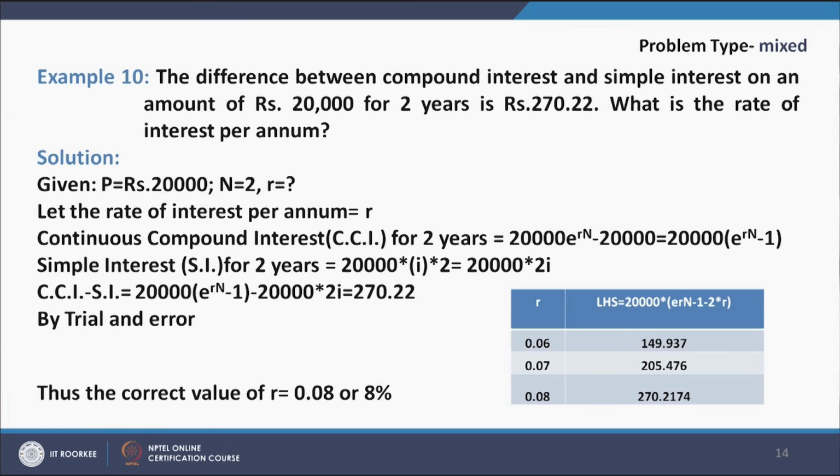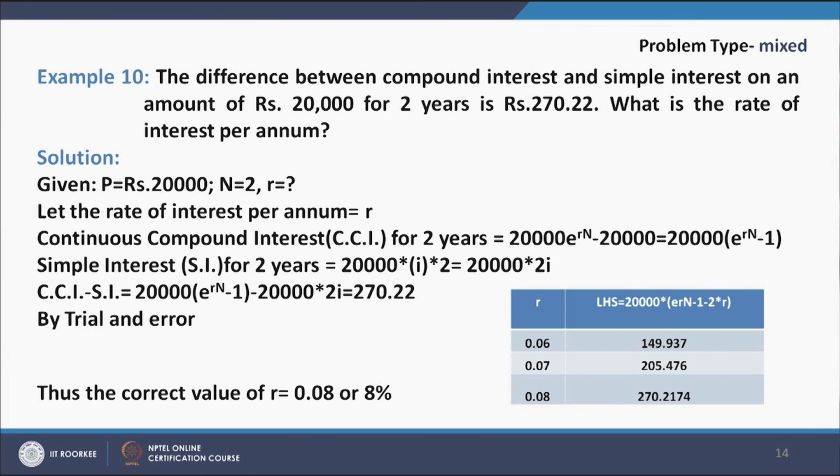So, we have to find out R when P and N are given. Let the rate of interest per annum be R. So, continuous compound interest CCI for 2 years is 20,000 into e to the power Rn minus 20,000, which comes out to be 20,000 in brackets e to the power Rn minus 1.